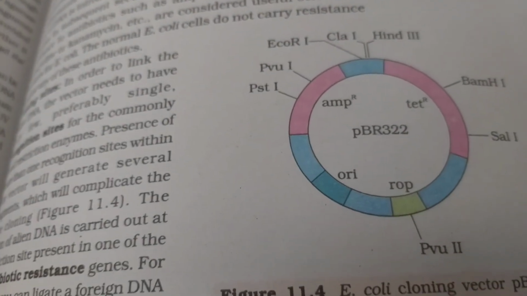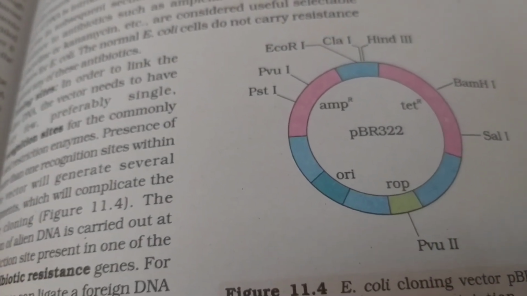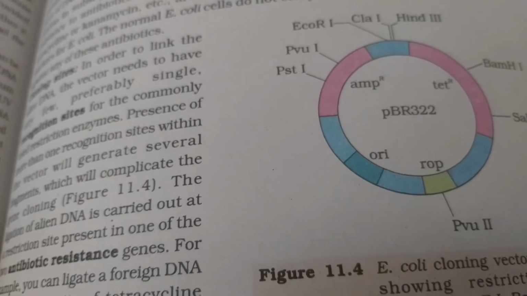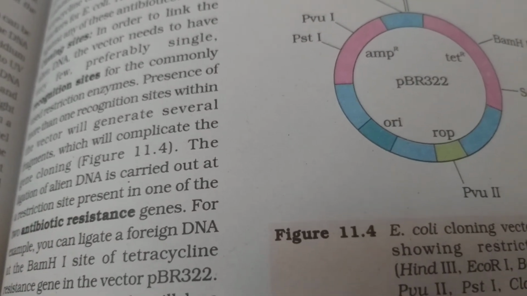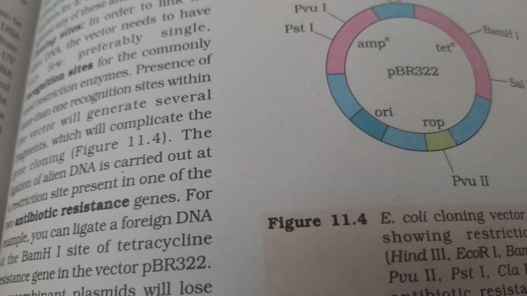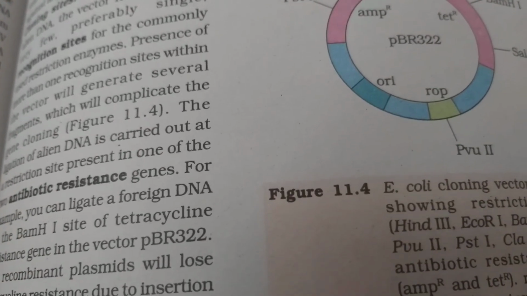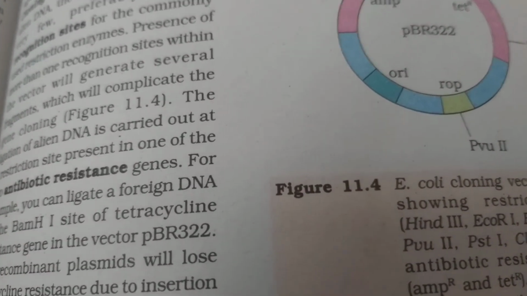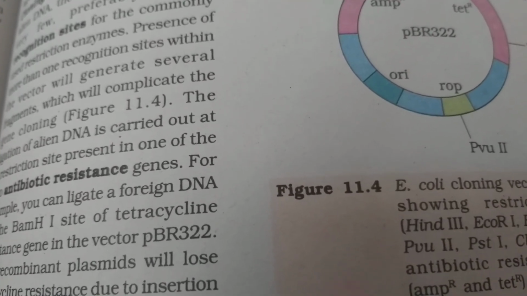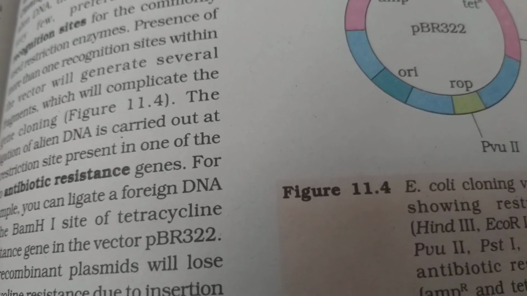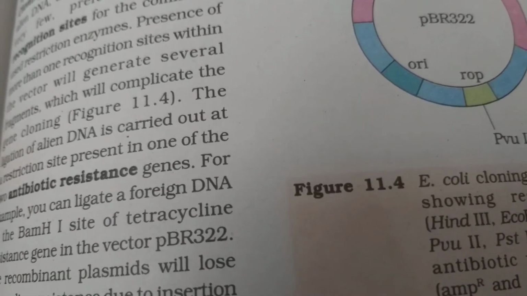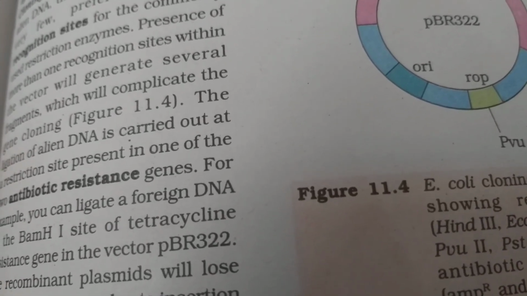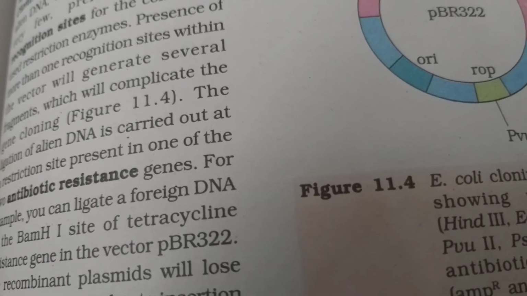Now, to facilitate cloning of an alien piece of DNA, one thing you have to remember: the alien piece of DNA must be joined at a recognition site or restriction site which is present in one of the antibiotic resistance genes.